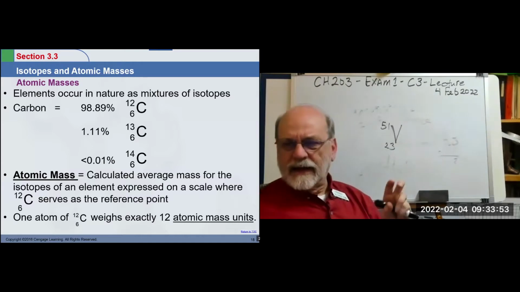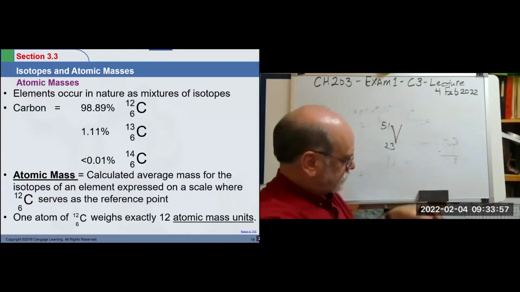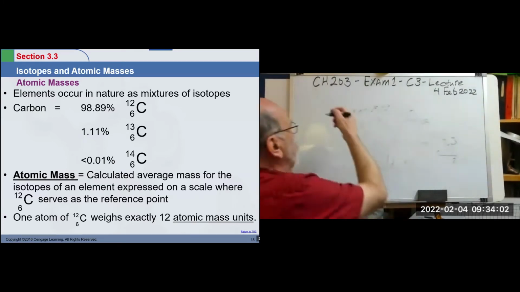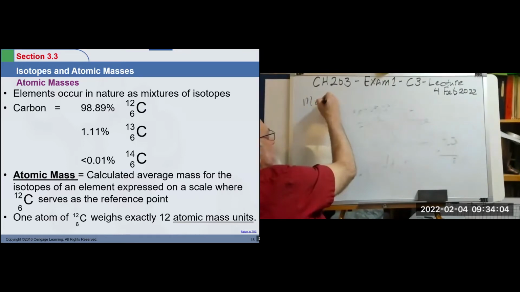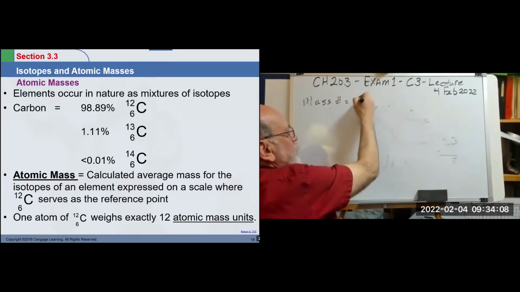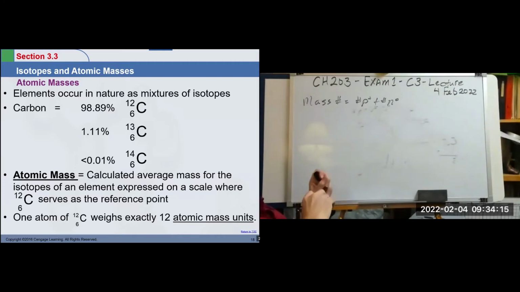Okay, now the difference between mass number and atomic mass. So mass number, as a reminder, I'll write up here, mass number equals the number of protons plus the number of neutrons. Okay.